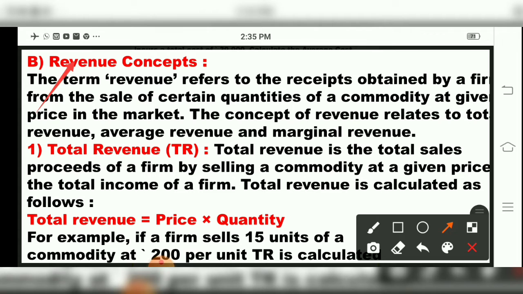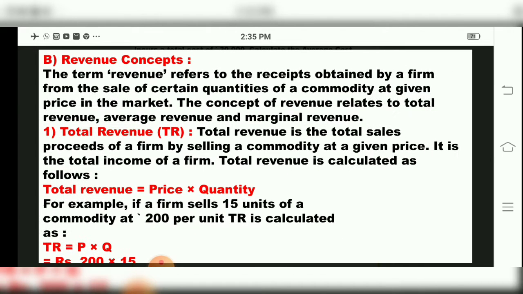So the concept of revenue relates to total revenue, average revenue and marginal revenue, children. See, revenue means what? It is obtained by a firm from the sale of certain quantities of a commodity at a given price in the market. Now TR, what is total revenue?